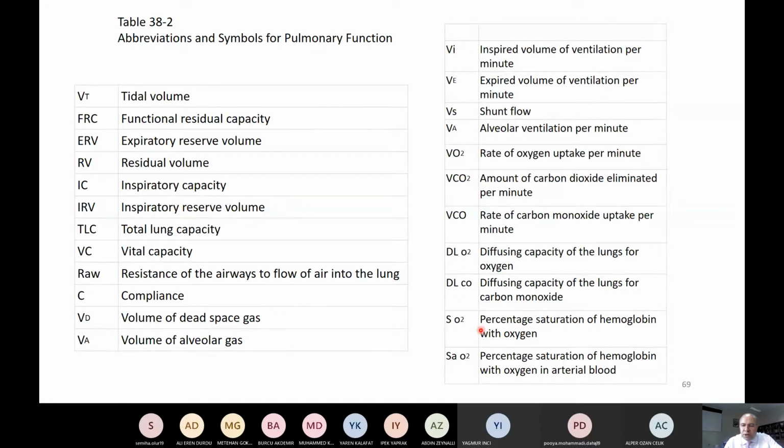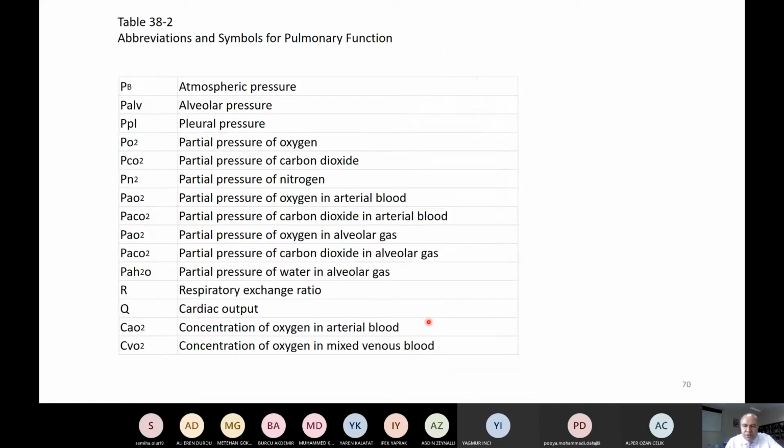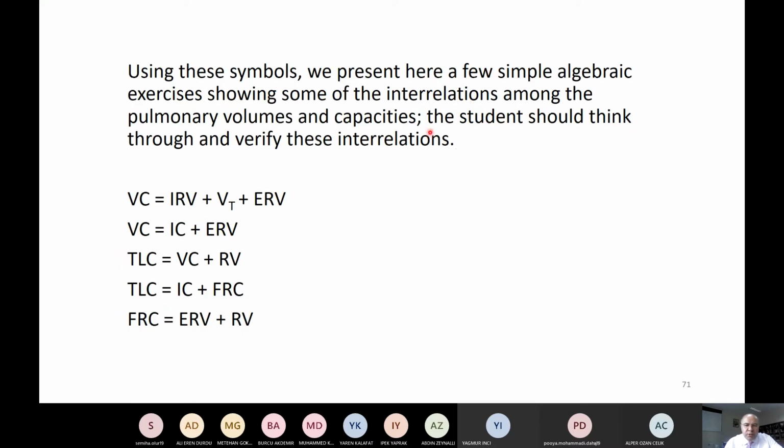SO2, percentage of saturation of hemoglobin with oxygen; SaO2, percentage saturation of hemoglobin with oxygen in arterial blood, etc. There are more here. PO2, partial oxygen pressure; PAO2, partial pressure of oxygen in alveolar gas. Okay. RQ, respiratory quotient; Q, cardiac output; CaO2, concentration of oxygen in arterial blood, etc. So using these abbreviations, we can make calculations.